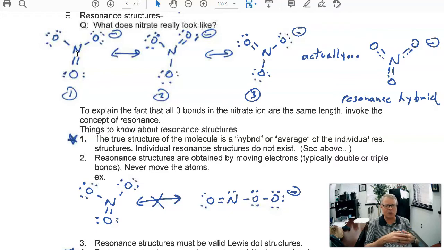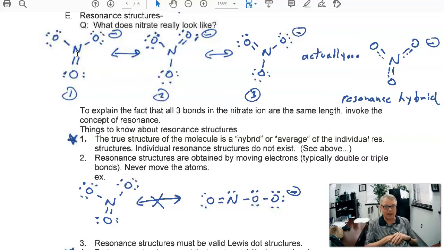And so if nitrate actually looked like number 1, number 2, or number 3, you would expect to see a nitrate molecule have two weaker, longer nitrogen-oxygen bonds and one shorter, stronger nitrogen-oxygen double bond.